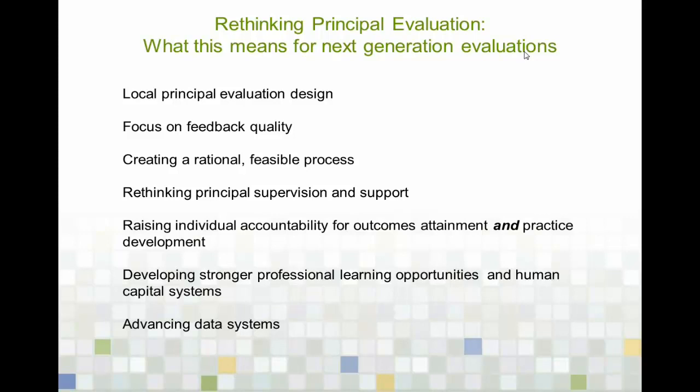So while we can create a principal evaluation system that is valid, that is reliable, and that looks great on paper, if it's not enacted in a way that provides principals feedback that they can use, and their supervisors are not trained to give feedback in the right way, it probably will not be effective. So there has to be a focus on the quality of feedback and the training of supervisors.